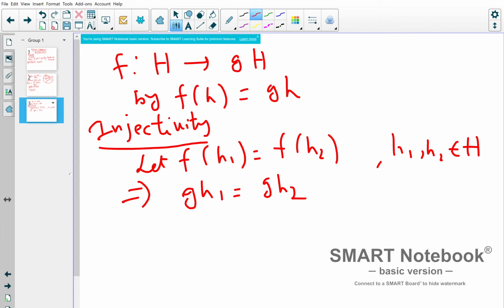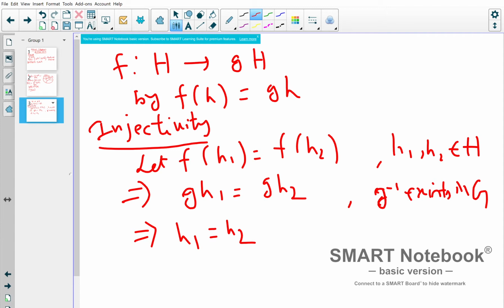But you know that g inverse exists in G. So you can multiply by g inverse, and it gives h1 equal to h2. That is the proof of injectivity.